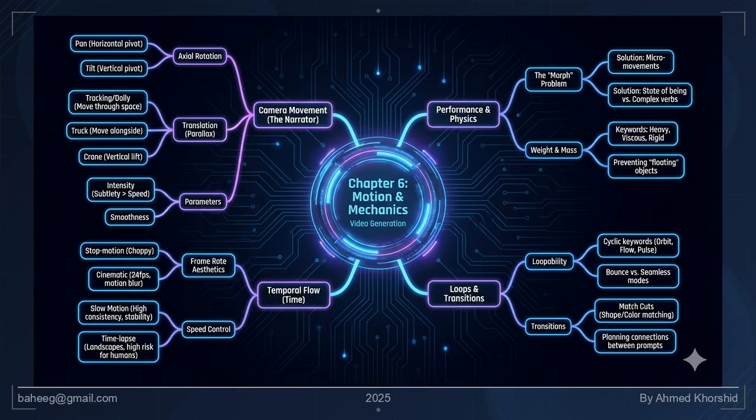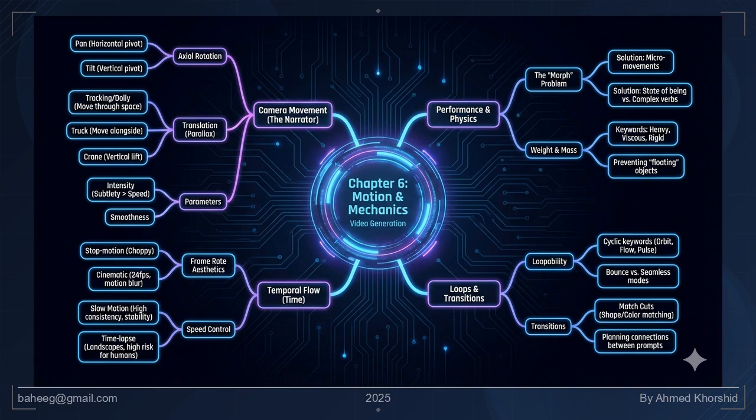Branch: Performance and Physics. Subbranch: the Morph. Problem, micromovements. Solution, state of being versus complex verbs. Subbranch: weight and mass keywords: heavy, viscous, rigid, preventing floating objects. Branch: Temporal Flow, Time. Subbranch: frame rate aesthetics: stop motion, choppy, cinematic 24 frames per second, motion blur.